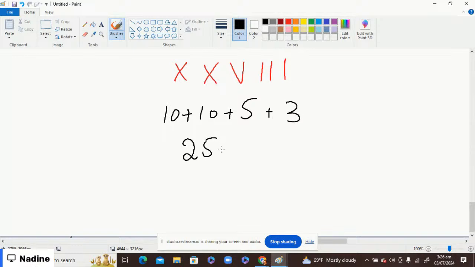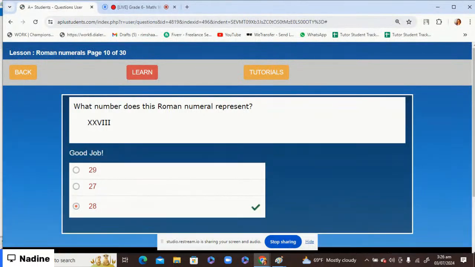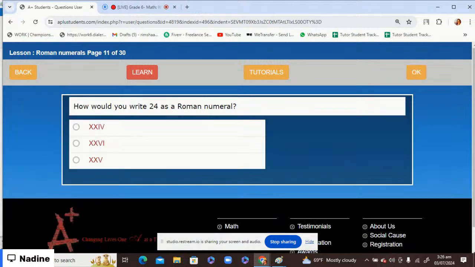So it's 25 plus 3, that is 28. Okay, let's check, is there any option for 28? Yes, here is the last one. Here we go with the last option.